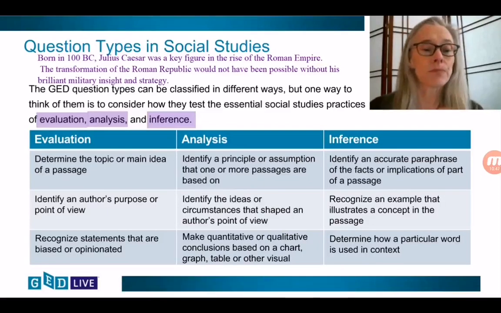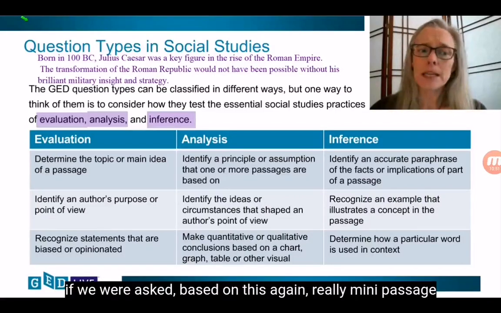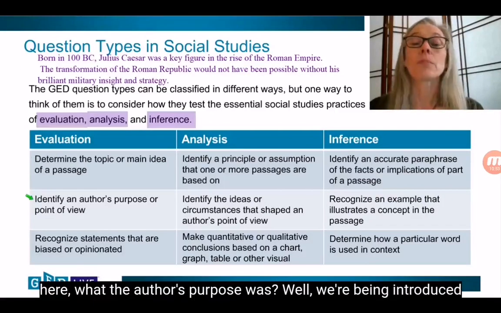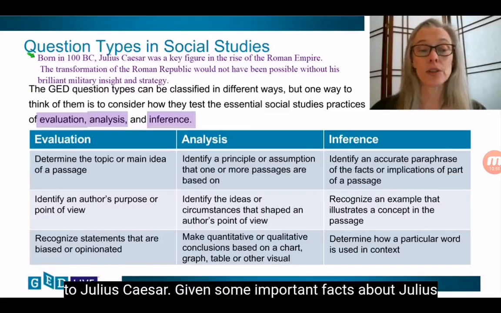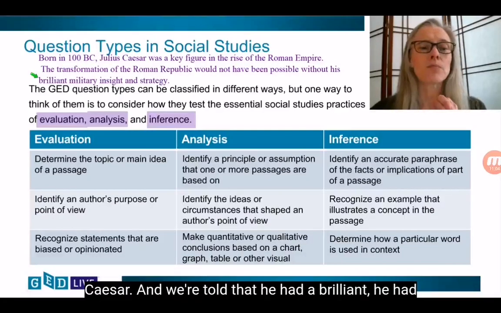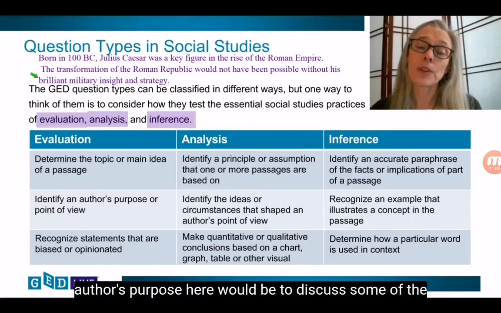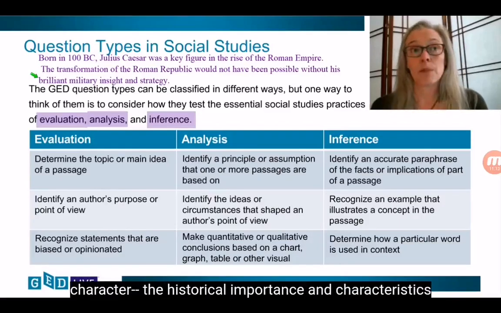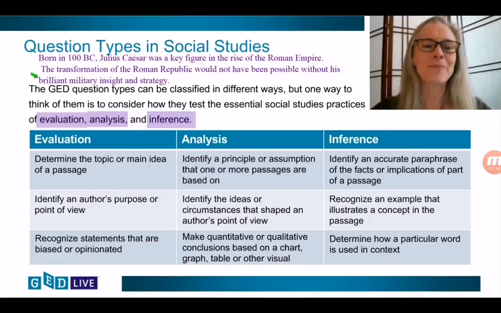So for instance, if we were asked, based on this, again, really mini passage here, what the author's purpose was, well, we're being introduced to Julius Caesar, given some important facts about Julius Caesar, and we're told that he had brilliant military insight and strategy, right? So the author's purpose here would be to discuss some of the historical importance and characteristics of Julius Caesar, right?